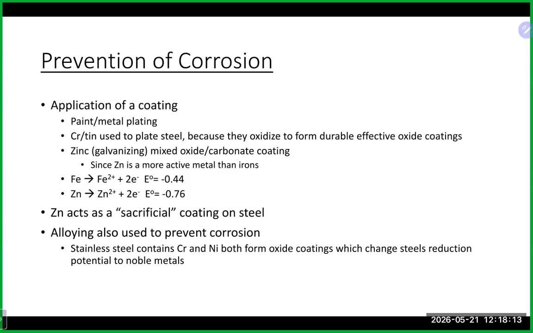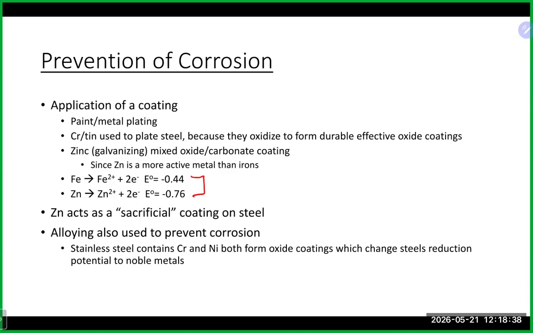And the idea there is when you put zinc and iron together, when we look at the two SRP values for that, we do see that the zinc is going to be less positive than the iron, and it's going to go through oxidation rather than the iron.